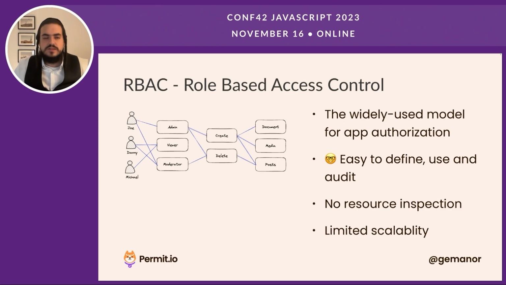While RBAC is easy to define, use, and audit, because every decision we make we can easily see, hey, this got this decision because of their role, it's hard to inspect into the resource, right? If, for example, we want to allow users to do something only on their own resources, we don't have the granular level to do that, because as we can see here, the granularity of RBAC is only at the resource level, not at the resource instance level.